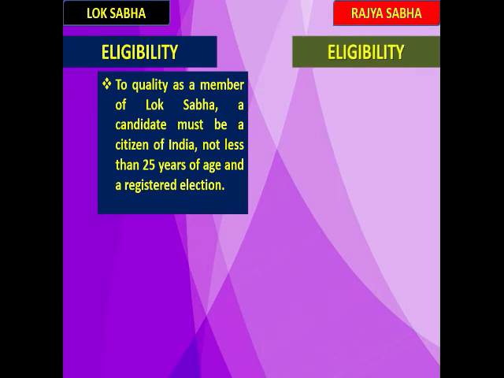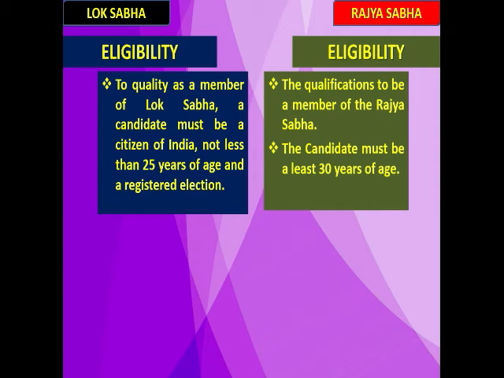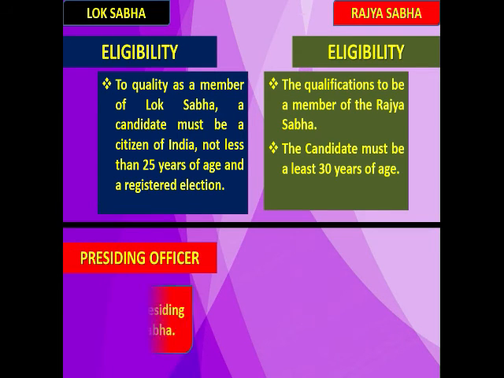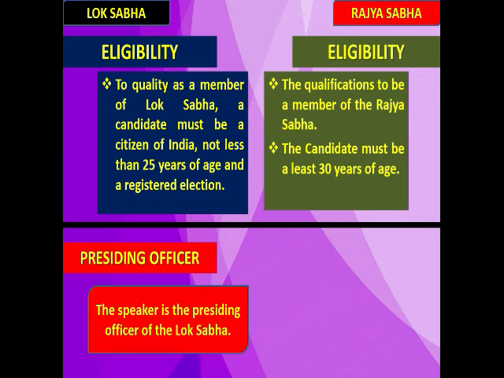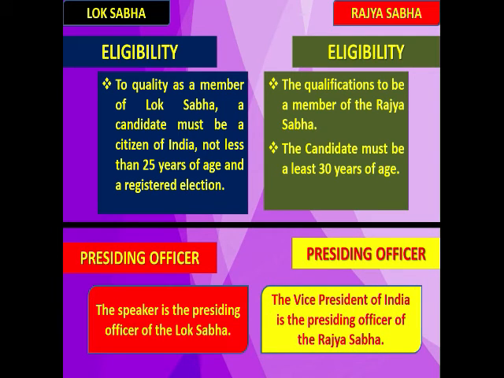But in the Rajya Sabha, what is the eligibility for the MPs? The candidate must be at least 30 years of age. Okay, and who is the presiding officer of the Lok Sabha? It is the speaker. For the Rajya Sabha, the presiding officer is the vice president.